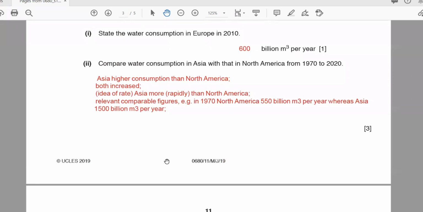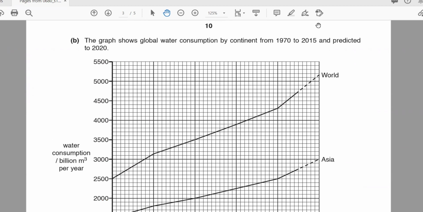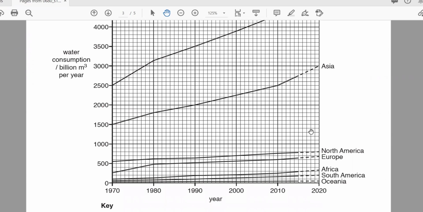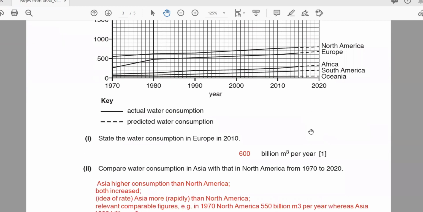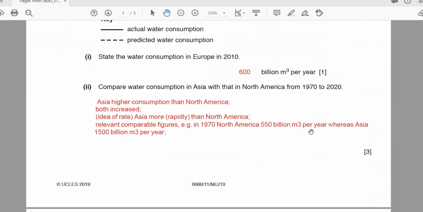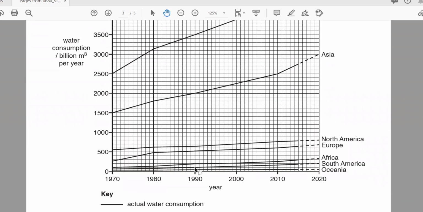So calculate the percentage of the world's water consumed in Asia in 1990. Yes, 1990. Here, this is the whole Earth's water. This one is all world water. They are added, all of them, downwards. So how much is it? Have you calculated it? One second. Because they're talking about which continent? Asia, 1990.